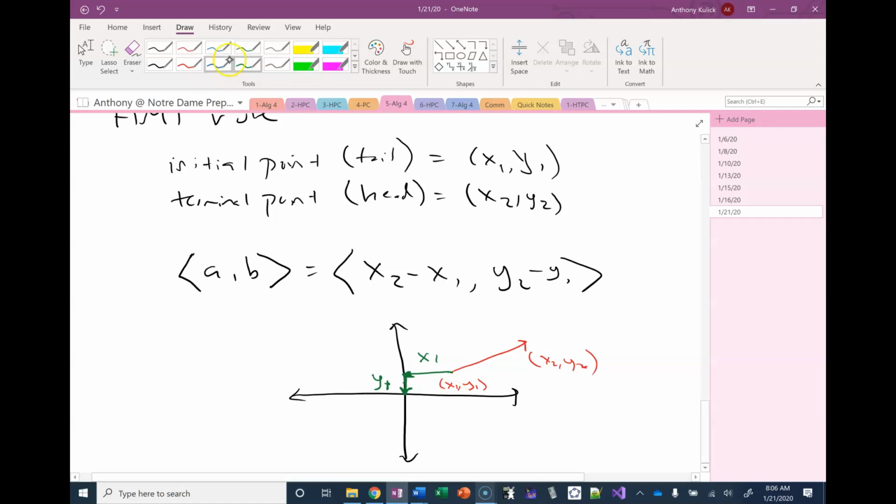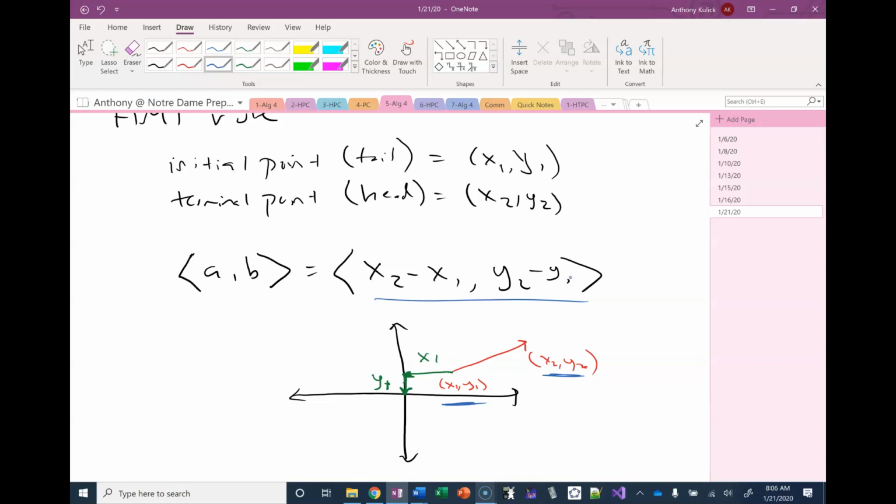So when I perform that transformation, when I subtract x1 and y1, because we're moving left and then down, this point would become 0, 0. And when I do the same thing here, this point becomes x2 minus x1, comma y2 minus y1, right?